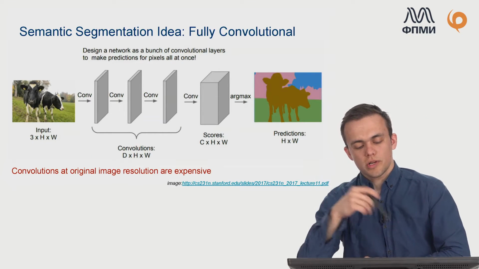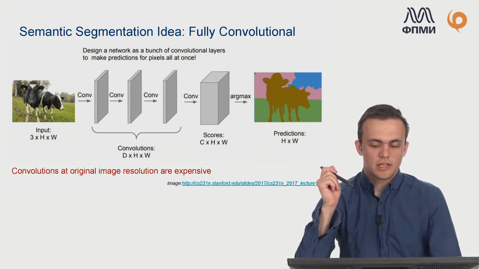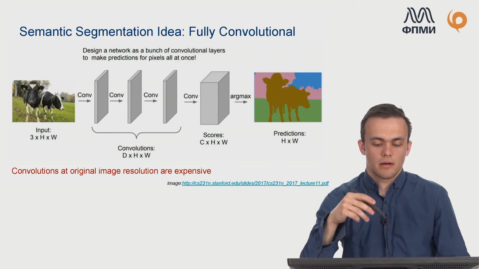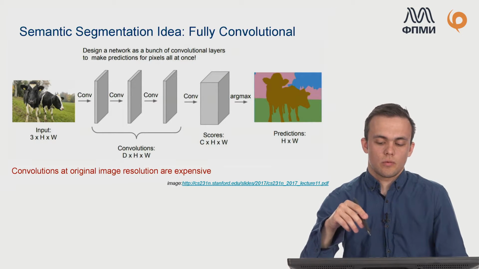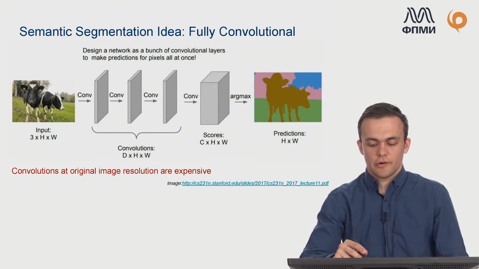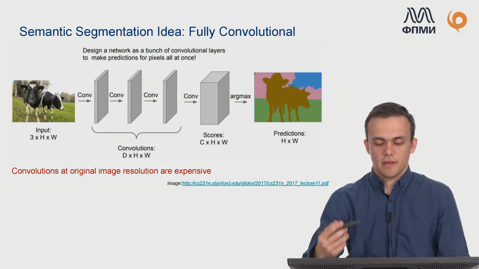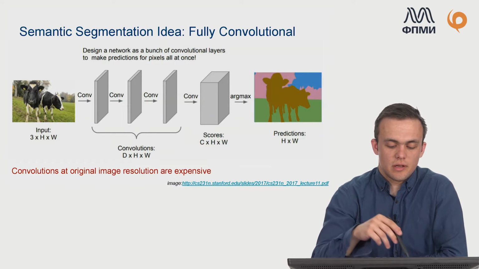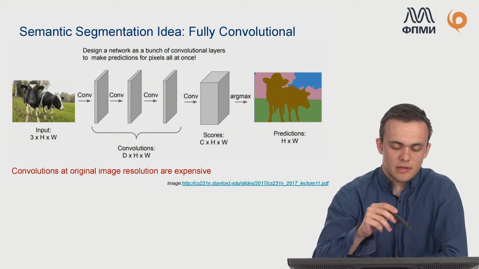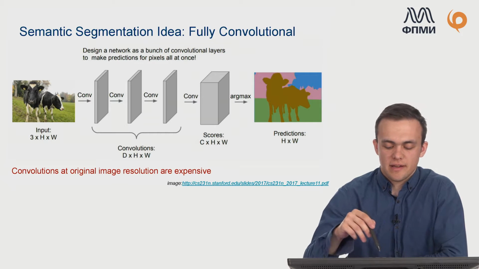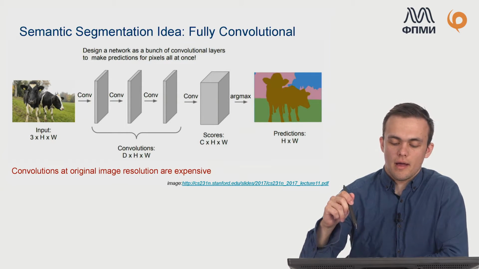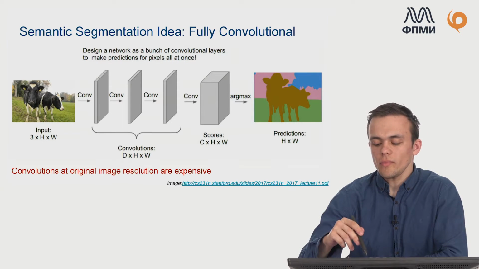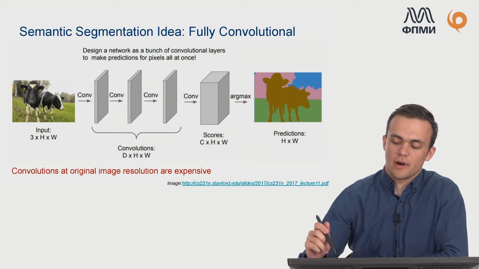But what if we use not a classifier, but some model that will already output our scores without predicting the class. We just put an image into a convolutional layer and stack some of them, and have our scores for every pixel.